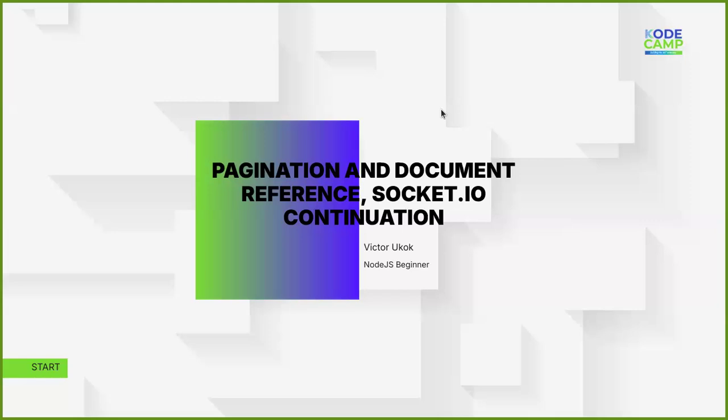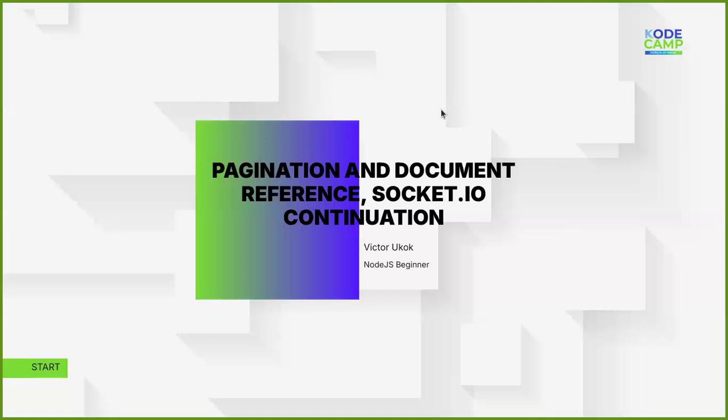So what is pagination in the first instance? Why do we even need pagination in the first place? You might have noticed that in most of the apps you use, as you're scrolling down, it loads up.